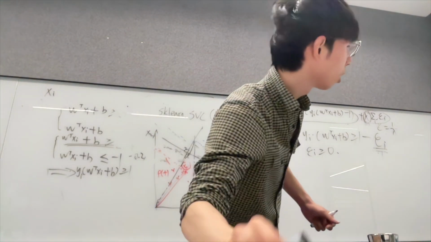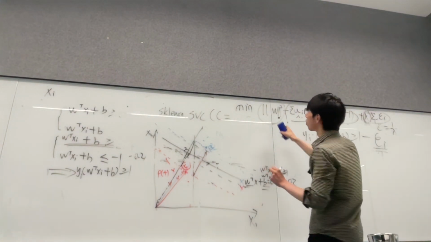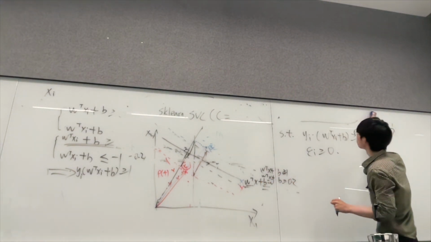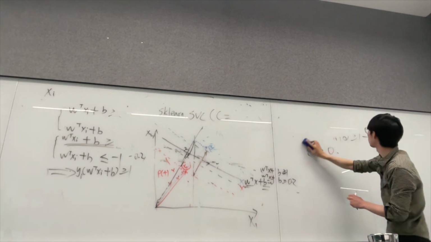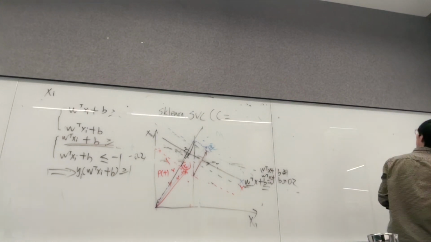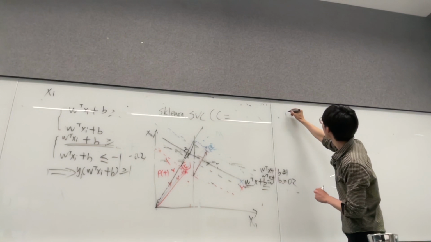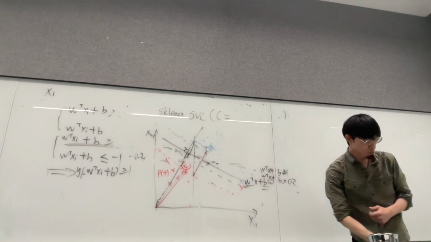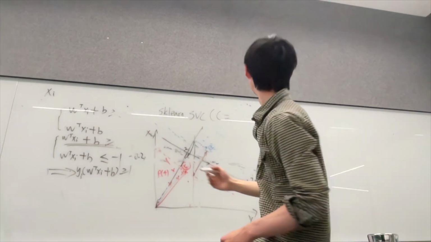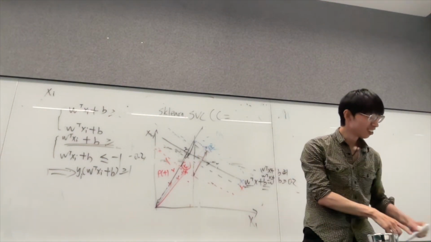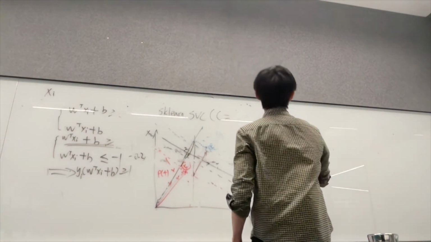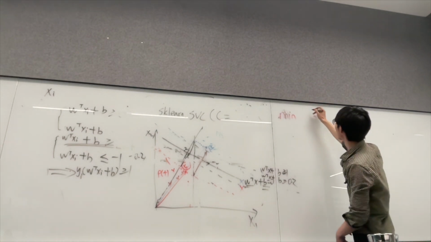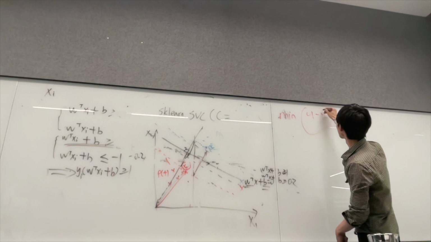Let me show you. Now support vector machine is done. Don't focus on support vector machine. Now go back to logistic regression and linear regression. We want to minimize, for linear regression, the square, something like this.